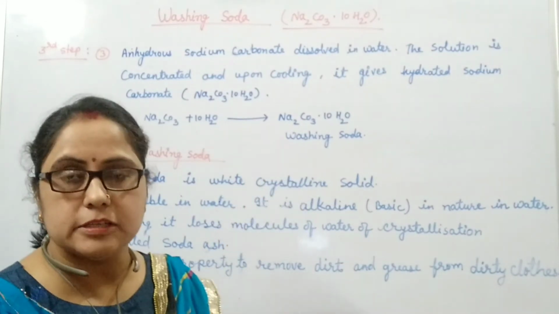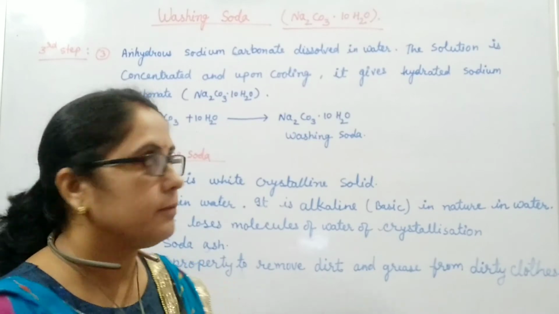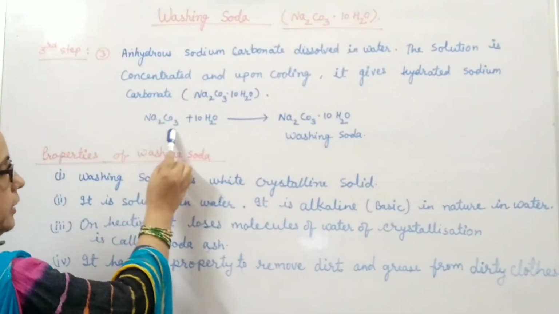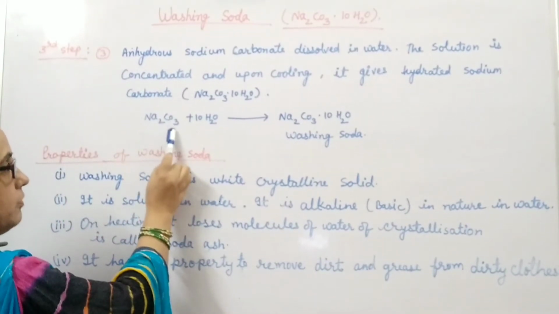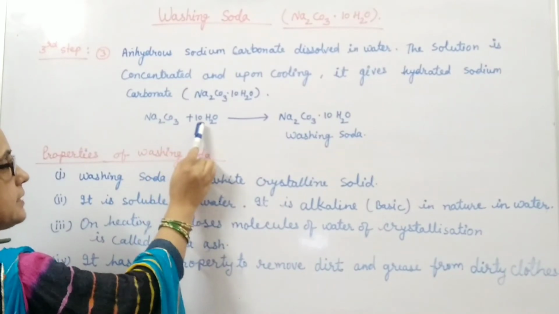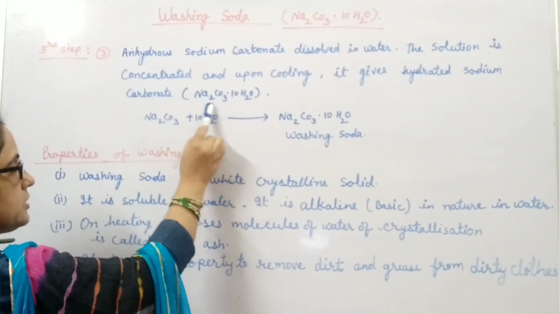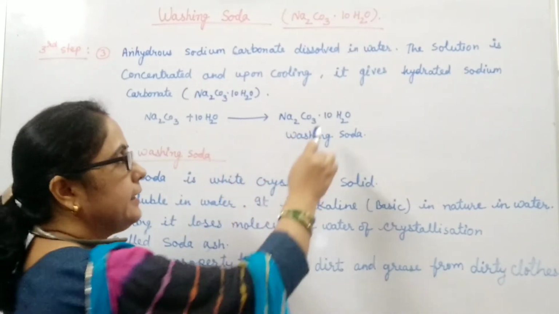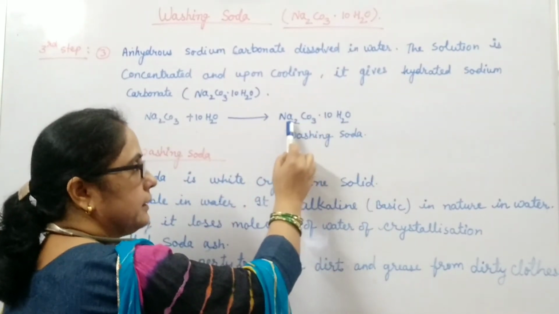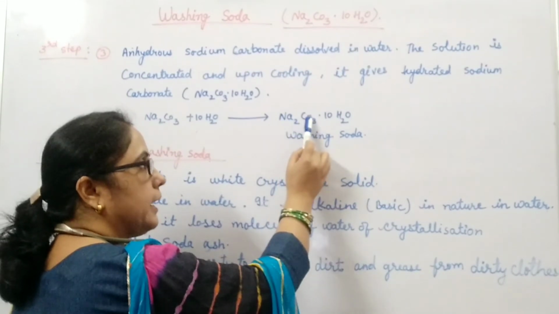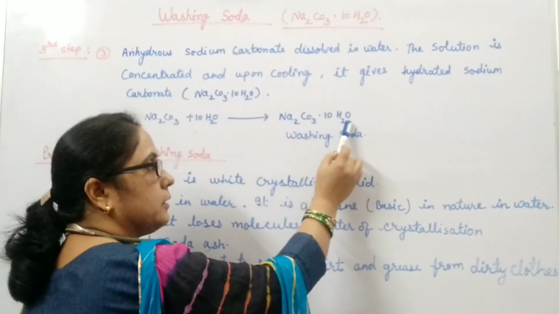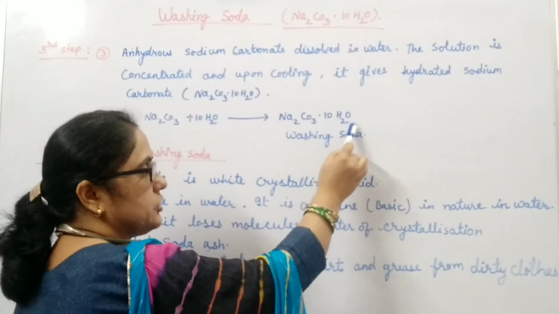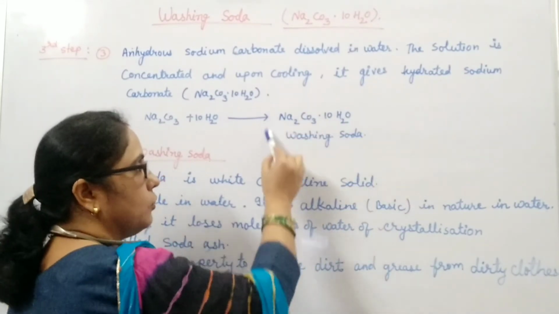By the chemical equation, we can represent it: sodium carbonate in the anhydrous form, when it is concentrated, means associated with water molecules, we get the hydrated sodium carbonate, that is Na2CO3 with 10 water molecules of crystallization, and this is the washing soda.